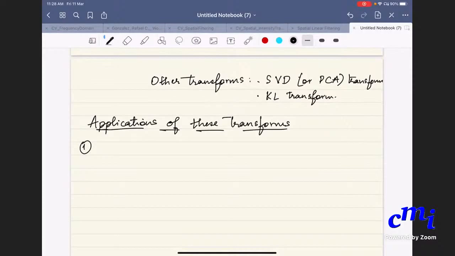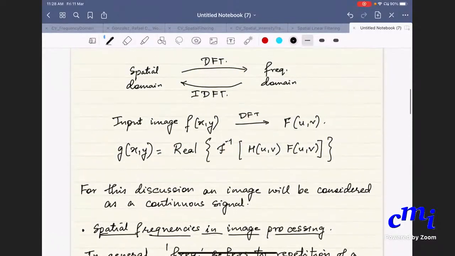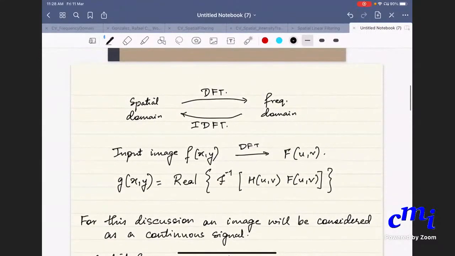We will see later that the convolution, the sum of products operation that we do in the spatial domain, corresponds to just a multiplication in the Fourier domain.